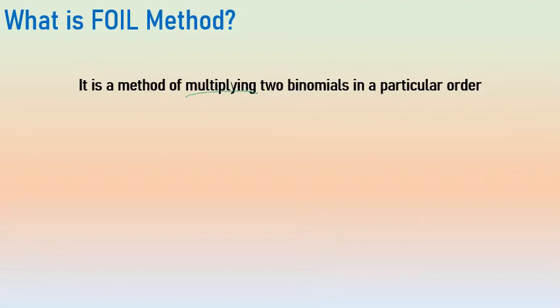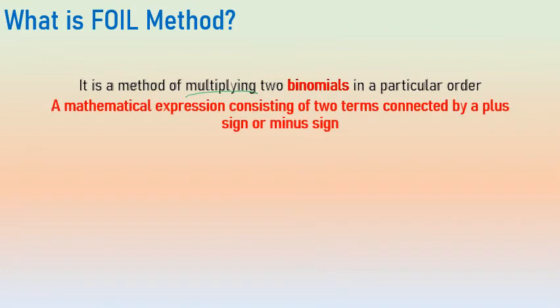And by definition, binomials mean a mathematical expression consisting of two terms connected by a plus sign or a minus sign. Okay, so ano-ano nga ba yung mga examples natin ng binomials? A mathematical expression consisting of two terms. When we say two terms, let's say we have x and y, and it is connected by a plus or a minus sign.